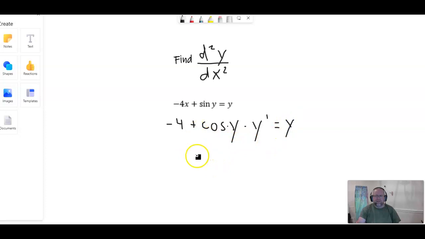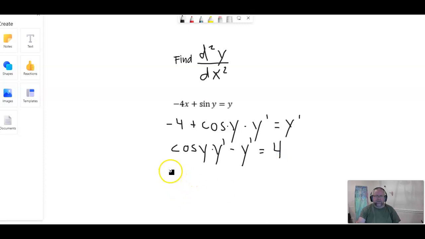Now, getting everything on the same side, we're going to end up having cosine of y times y prime, I forgot that, times y prime minus y prime is equal to positive 4.